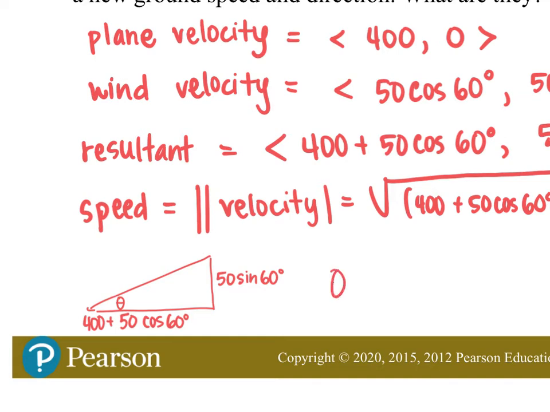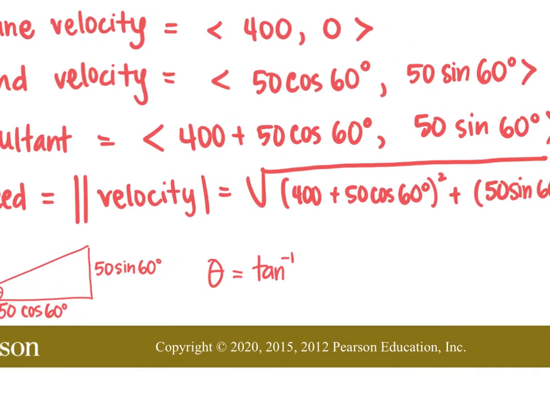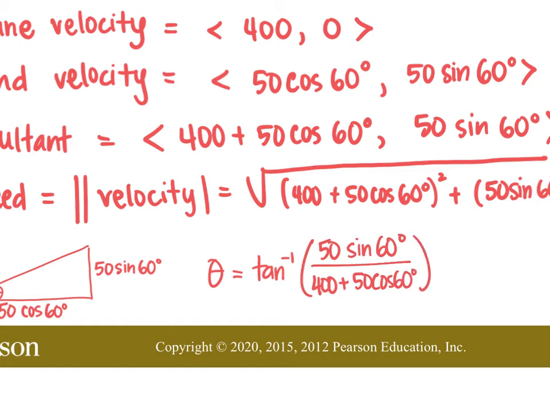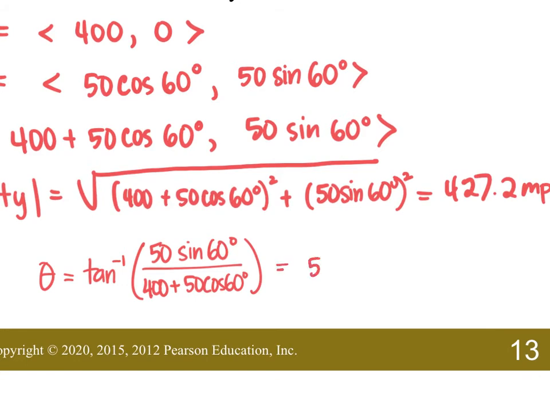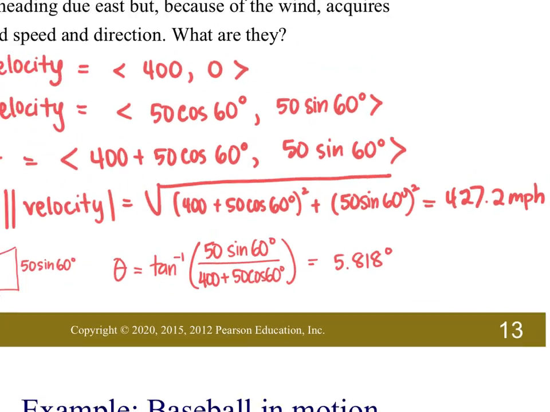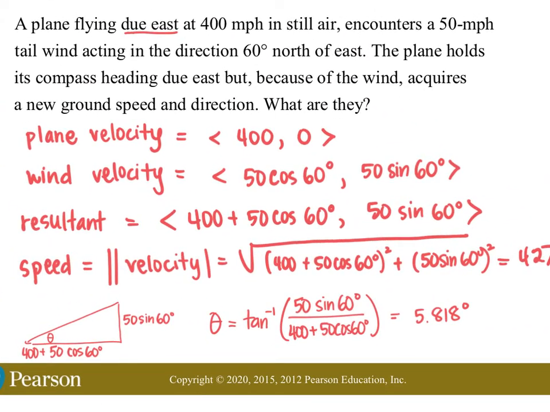And so we can find theta using an inverse tangent relationship, which we get in degrees, 5.818 degrees as the direction now that the plane is flying off from due east. So it's no longer flying due east because of the wind.